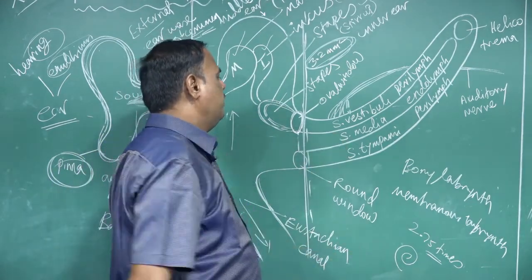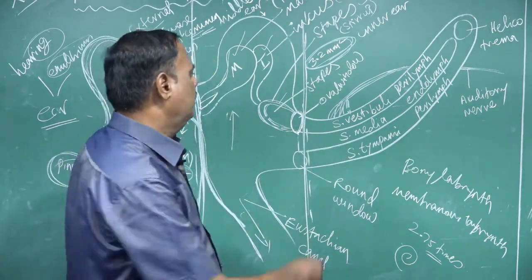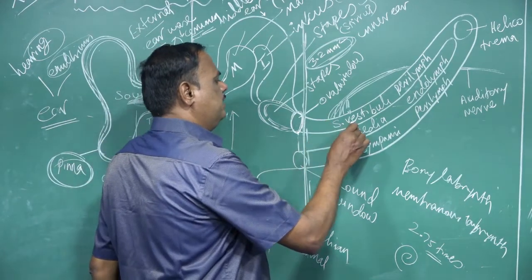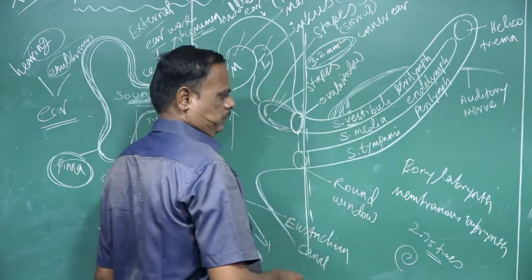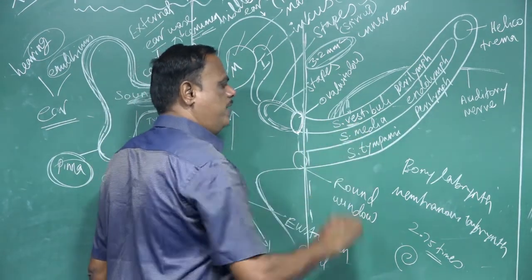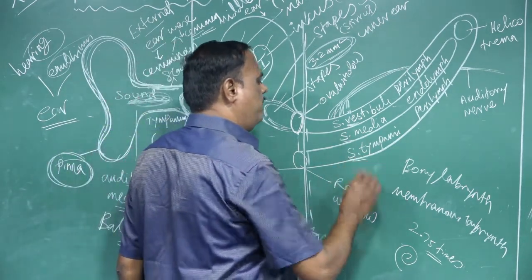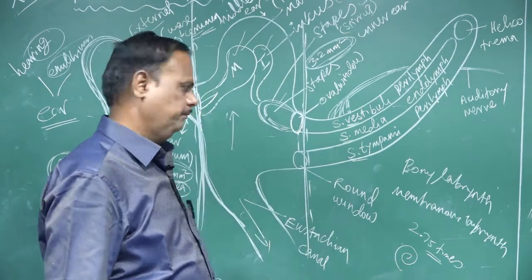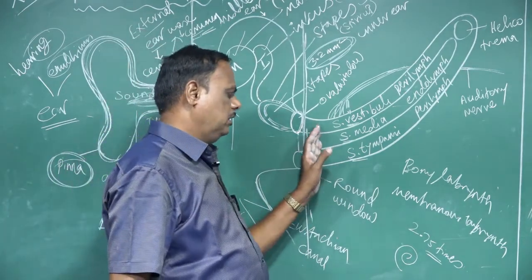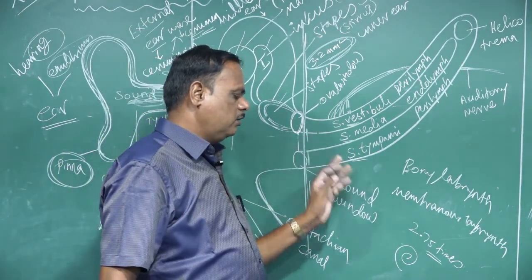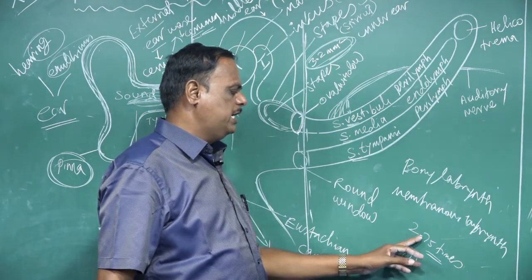The cochlea is also divided into three compartments. The upper compartment is called the scala vestibuli, the middle compartment is called the scala media, and the lower compartment is called the scala tympani. When the cochlea is in coiled condition, it is coiled 2.75 times.